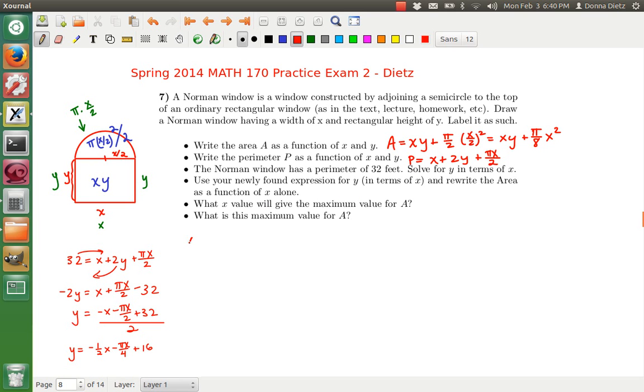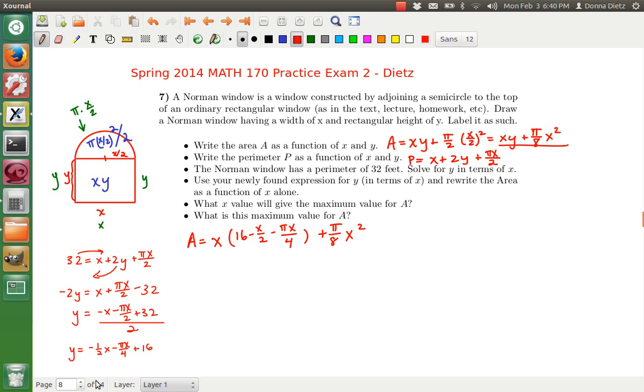So I have A equal to, I'm going to use this piece right over here, x times y, leave a lot of space, plus pi over 8 x squared. And the y in here is 16 minus x over 2 minus pi x over 4. I can feel free to rearrange the pieces as long as it's equivalent. I just don't like all those negatives. So if I start with a 16, it doesn't save me a negative, but I don't need to put the plus then.